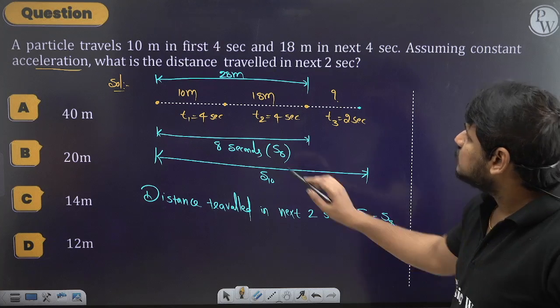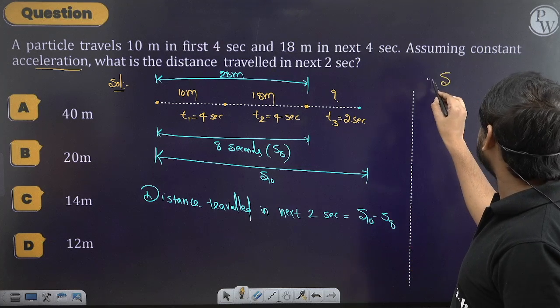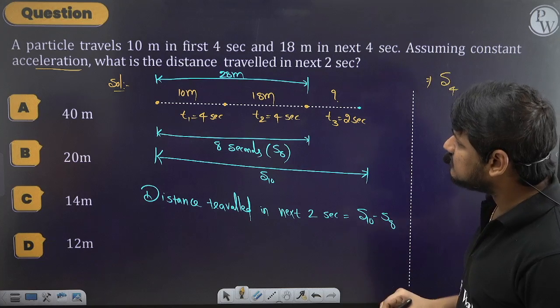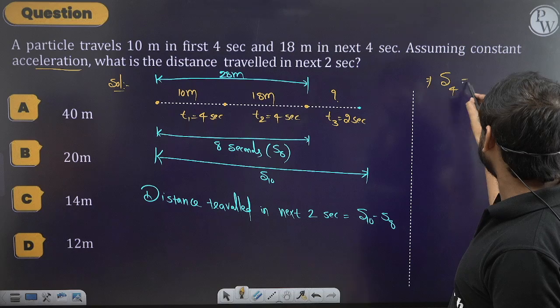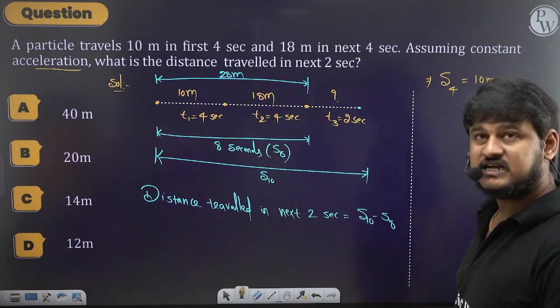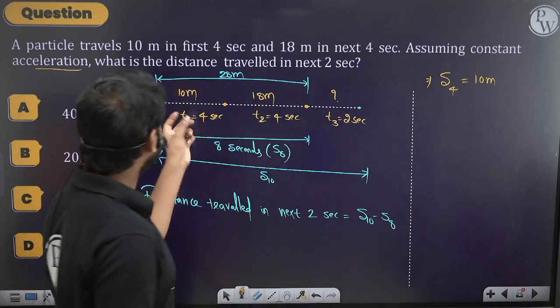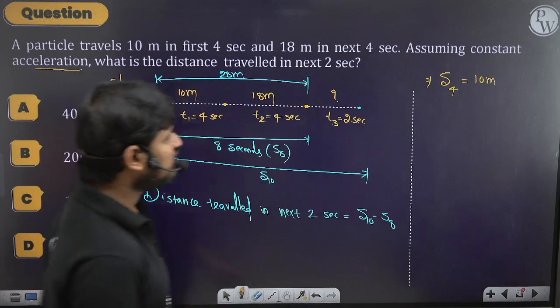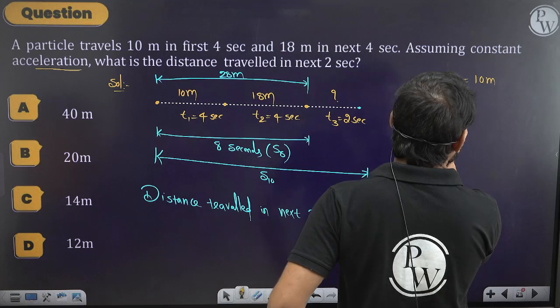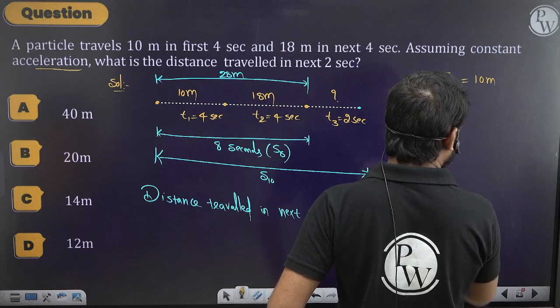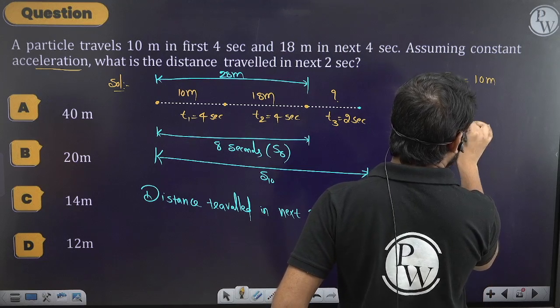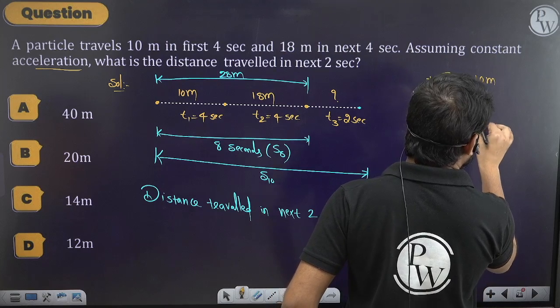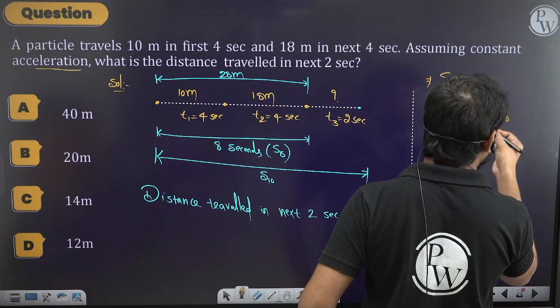Tell me. The distance covered in the first 4 seconds is equal to 10 meters. So now let's write the equation for this. Initial velocity u, let it be, so ut plus half at square is equal to 10 meters. Let's substitute the values.